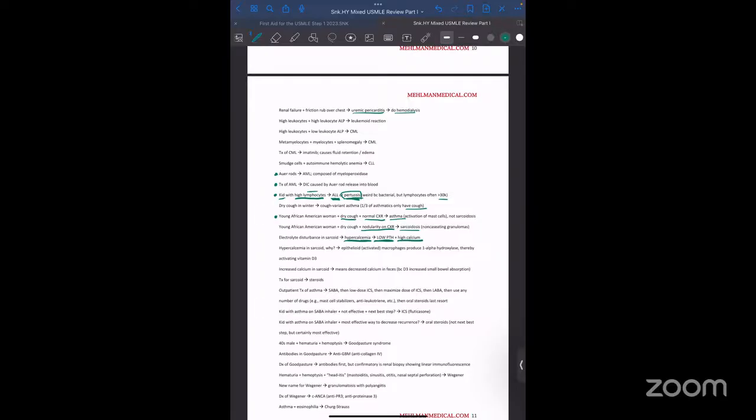Okay. Hypercalcemia in sarcoid, why? Epithelioid activated macrophages produce 1-alpha hydroxylase, thereby activating vitamin D3. Then increased calcium in sarcoid means decreased calcium in feces, because D3 increases small bowel absorption.